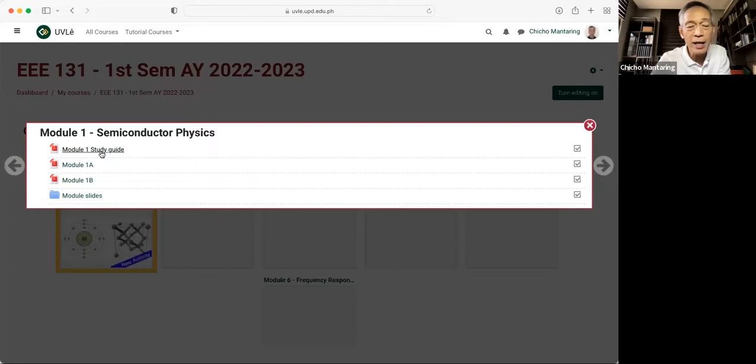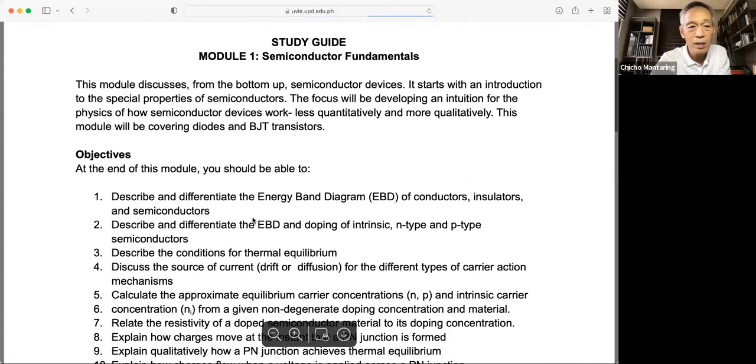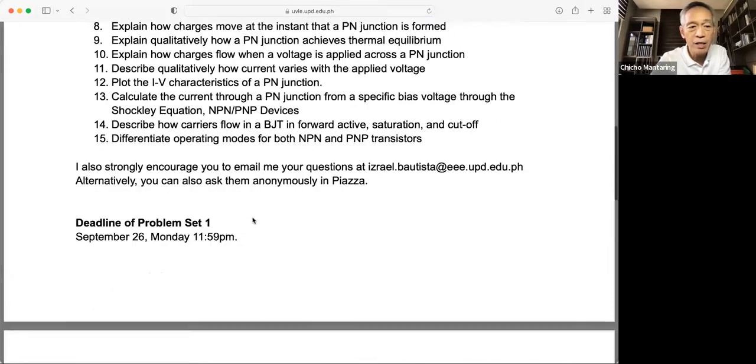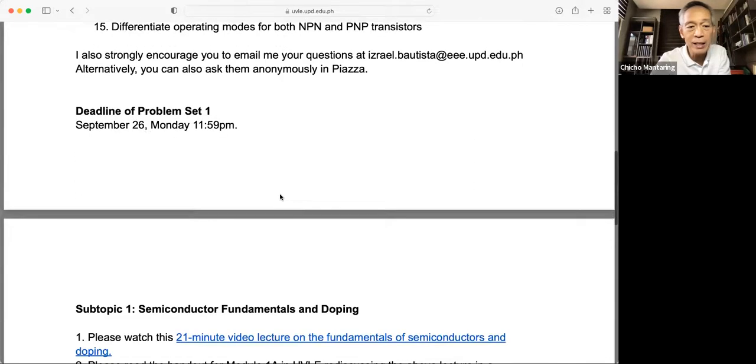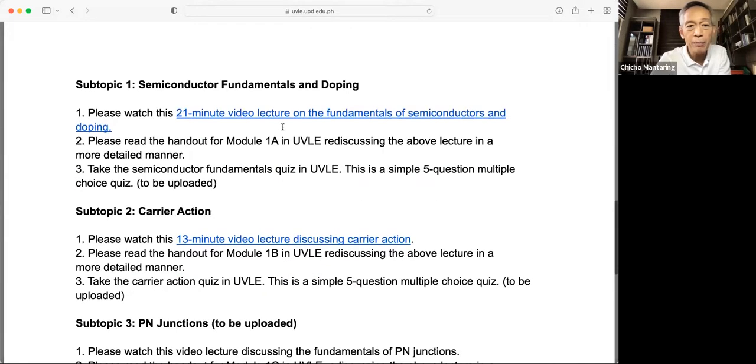You have your study guide. This is the module 1 study guide. It's going to tell you all about module 1, what the requirements are going to be, the objectives. You have a problem set whose deadline is September 26, and the different subtopics.